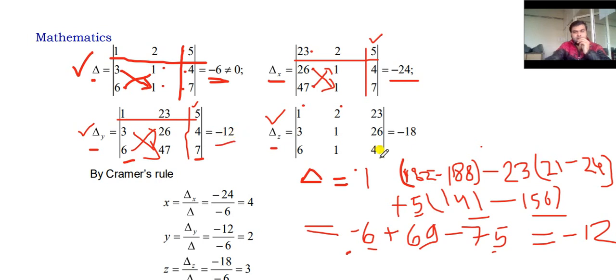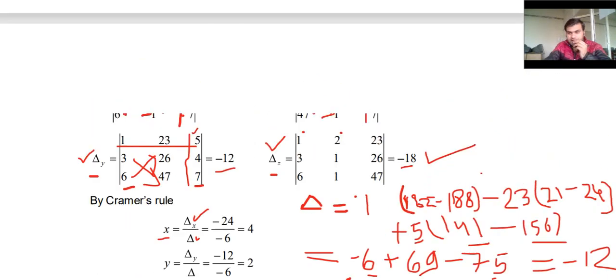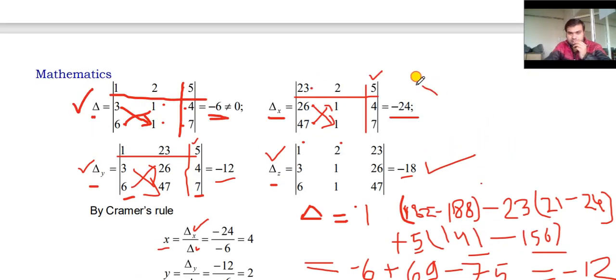Okay. Similarly, you solve delta z, so you will find the value minus 18. Now we apply the Cramer rule. So for finding the value of x, that is delta x upon delta. So the value of delta x is minus 24, and the value of delta is minus 6.